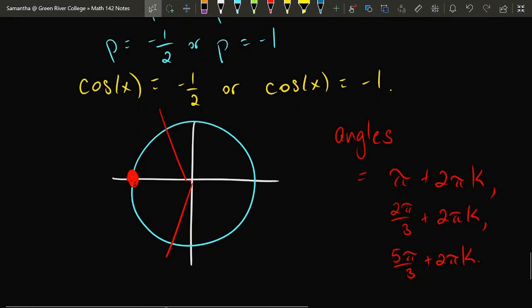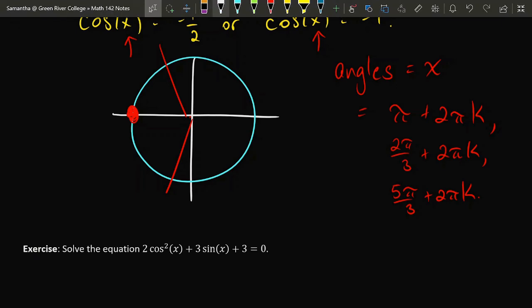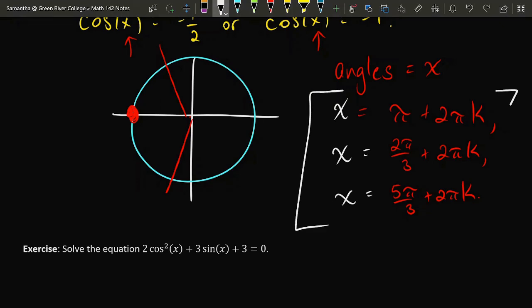Now, in this problem, the input of cosine is just x, and therefore the x values are an exact match to the angles. So therefore, our final answer to this question is that if you want this equation to be true, you can plug in an x which is equal to pi, or any coterminal angle. It's equal to 2 pi over 3, or any coterminal angle, and also 5 pi over 3, or any coterminal angle, will work. This is the complete list of all solutions to the given problem.